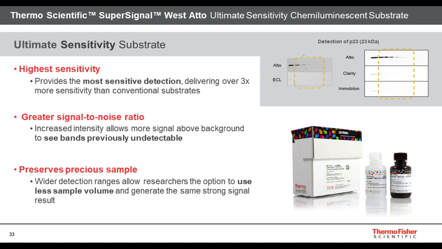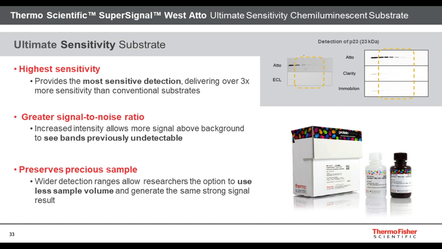The SuperSignal West Atto substrate provides ultimate detection sensitivity designed specifically for detecting very dilute or low abundant targets. It can provide over 3 times greater sensitivity than other conventional high sensitivity substrates and detects proteins where routine substrates fall short.